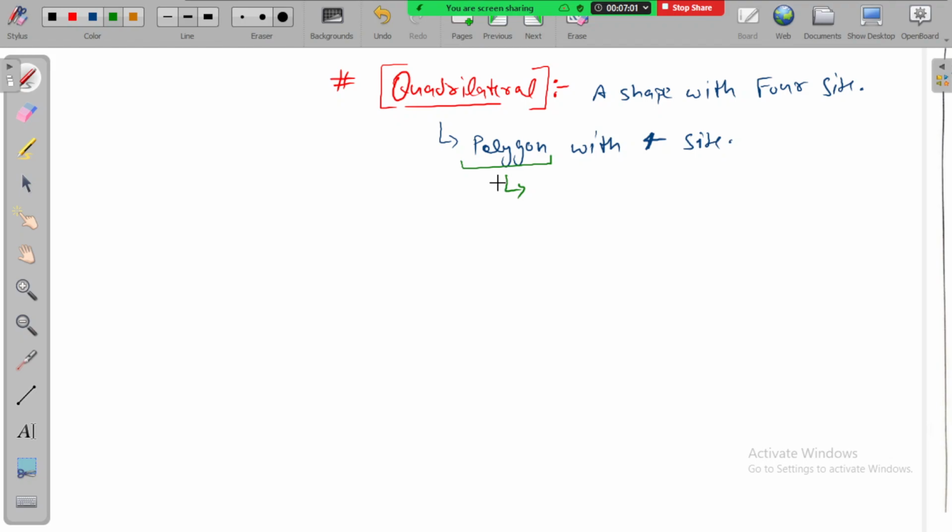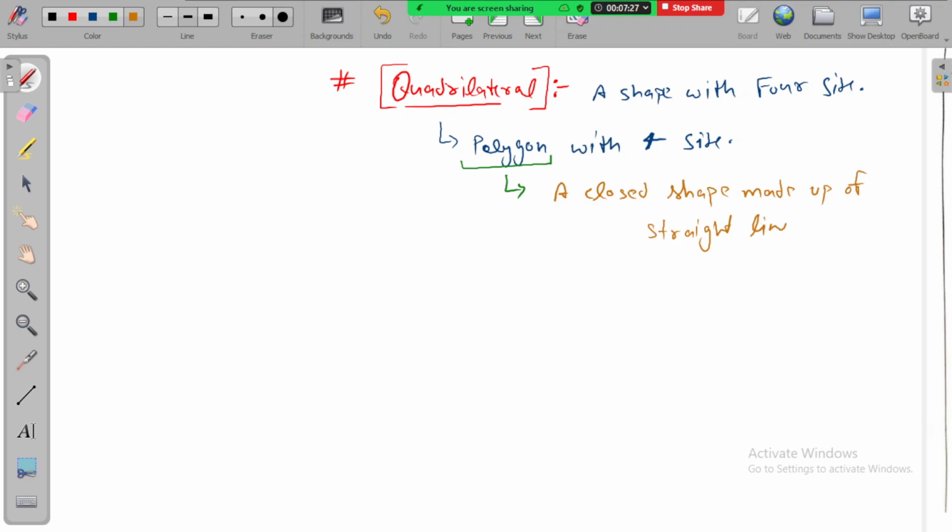We will use regular separately. Regular and irregular are different things. But what is a polygon first of all? If someone asks you, you just have to say a closed shape made up of straight lines.